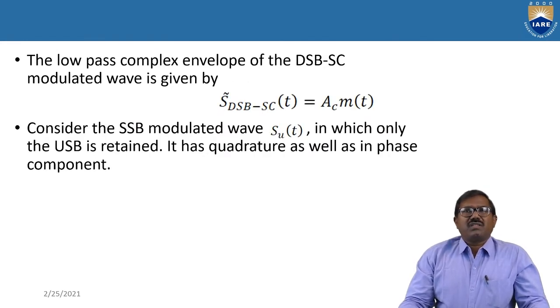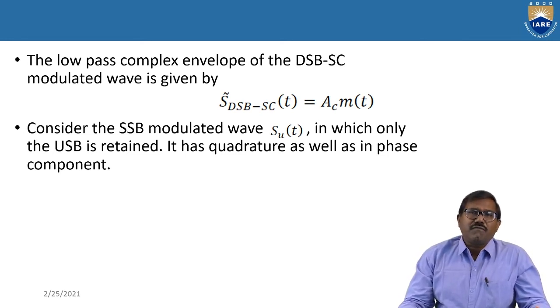So the low pass complex envelope of the DSB-SC modulated wave is given by s̃_DSB-SC(t), which is equal to Ac m(t). So this is the complex envelope of the DSB-SC. What is DSB-SC?